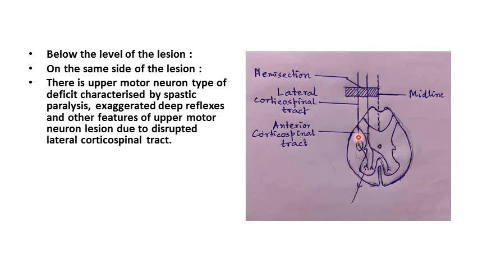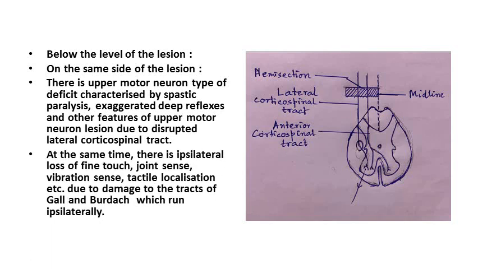So this is an upper motor neuron type of lesion, characterized by spastic paralysis, exaggerated deep reflexes, and other features of upper motor neuron lesion due to disrupted lateral corticospinal tract.